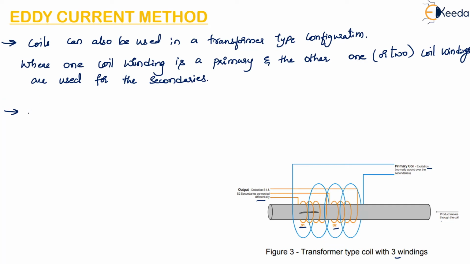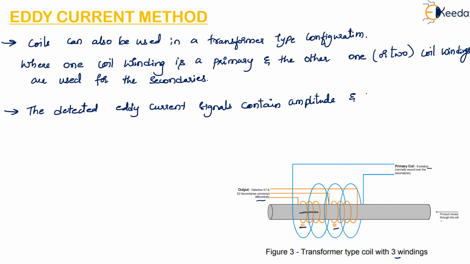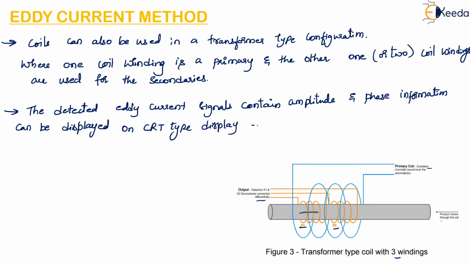So CRT is nothing but the cathode ray tube display, or you can use any non-digital displays also.